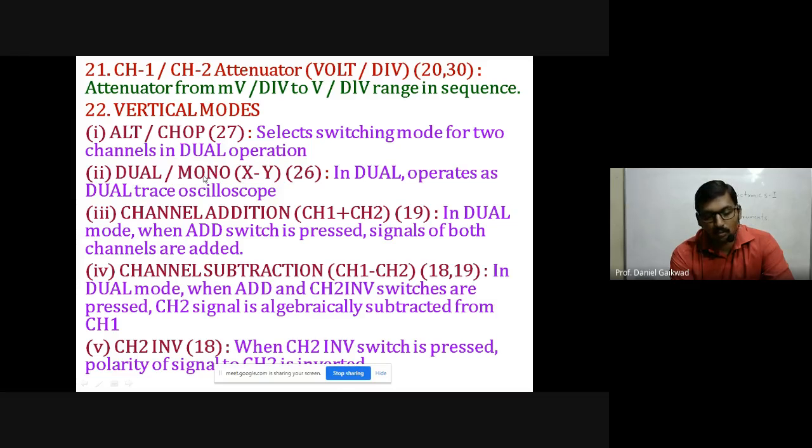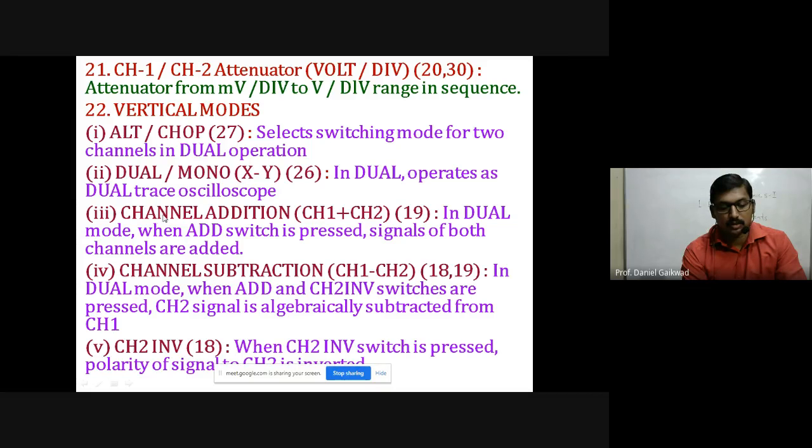Next is dual or mono XY, number 26. In dual, it operates as a dual trace oscilloscope. Dual means two waveforms appear simultaneously, or if we require only one, we have mono. So either we require one waveform at a time or two waveforms simultaneously, and for that we have dual or mono.